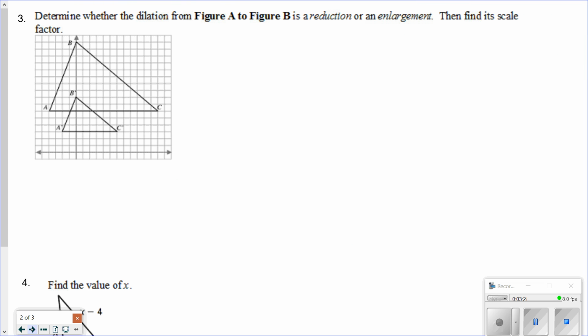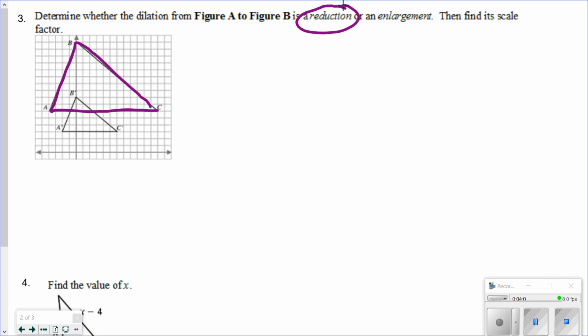Determine whether the dilation from figure A to figure B is a reduction or an enlargement. Find its scale factor. So if we look at our coordinate plane, we see that triangle ABC is this large triangle, and A prime, B prime, C prime is the small triangle. So going from a big figure to a small figure is a reduction. So now we need to figure out what is the scale factor. Now remember, the scale factor is just looking at two of the sides and comparing the lengths of them.